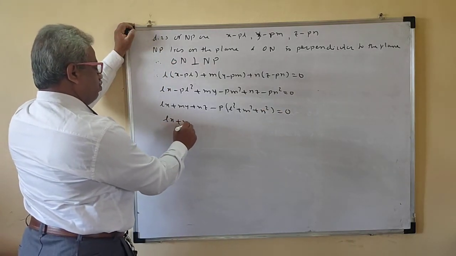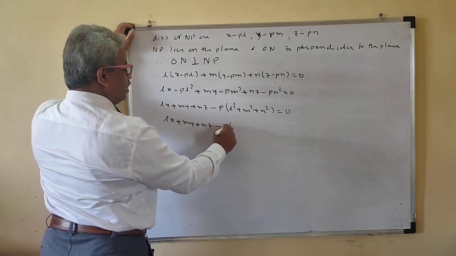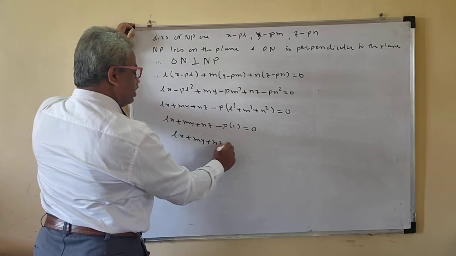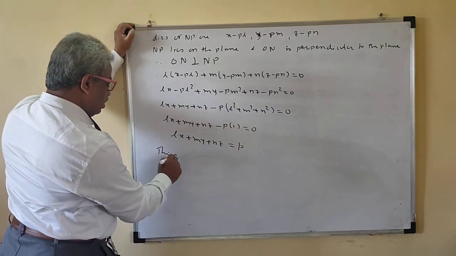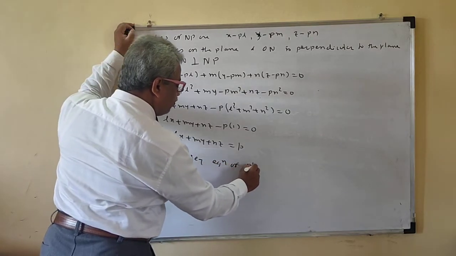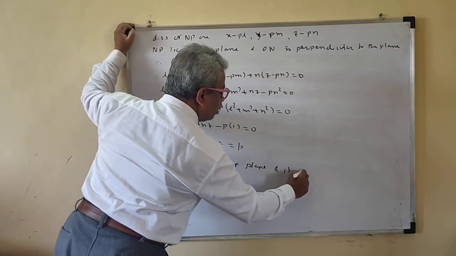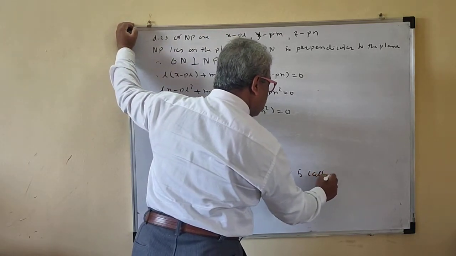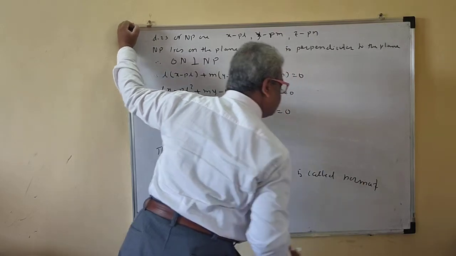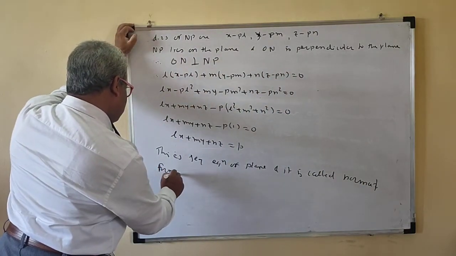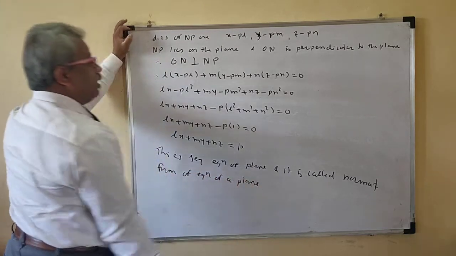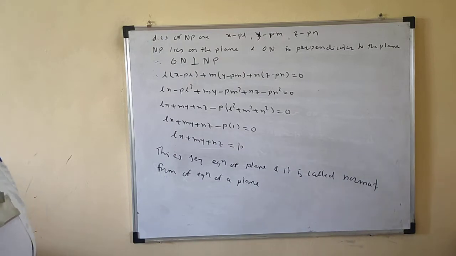So this is lx plus my plus nz minus p, taking p common, into l squared plus m squared plus n squared, which is 1, equal to 0. So lx plus my plus nz is equal to p. This is the required equation of the plane, and it is called the normal form of the equation of a plane.